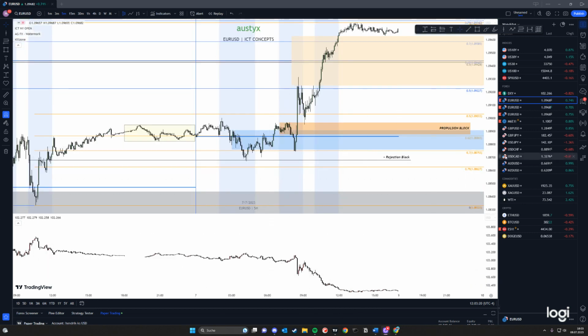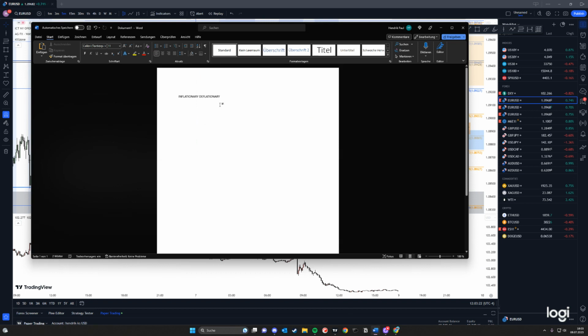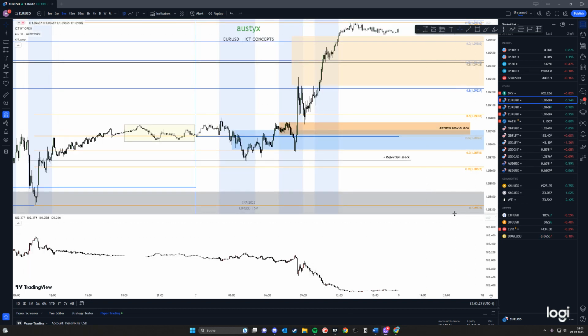Yeah, and so last part is inflationary or deflationary. So listening to the FOMC reports, we've had a heavy increase in the inflation rates and the interest rates. We have had a pause of increasing the interest rates, not last, but the meeting prior, I think.